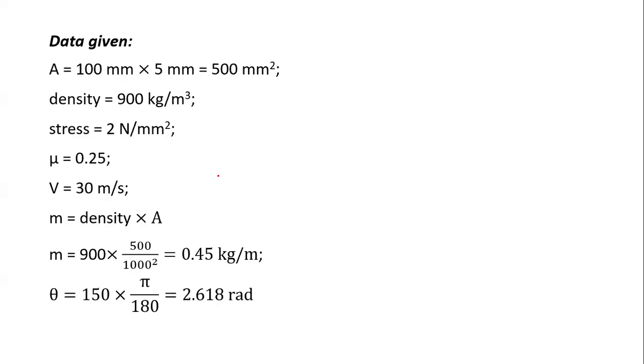The data provided: the area of the belt. What we were told is that the cross section of the belt, meaning looking at the belt's cross section, of course, the length of the belt can continue like that. It hasn't been given, but when you look at the cross section, we've been told it is 100 in the width, then the thickness is 5 millimeters, meaning that the cross-section area therefore becomes 500 square millimeters.